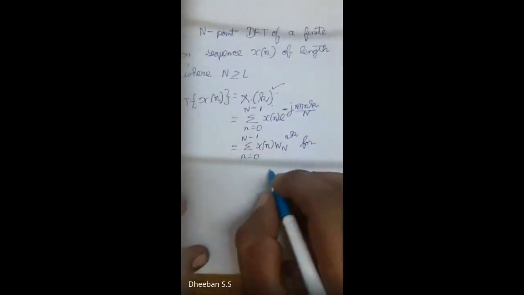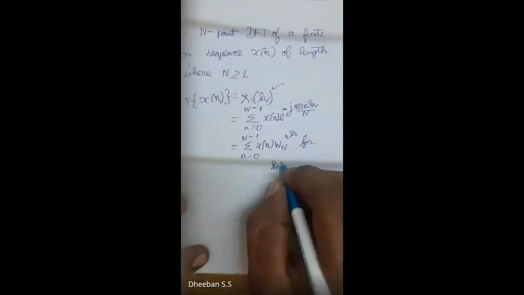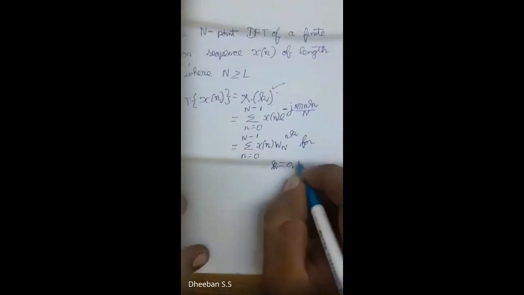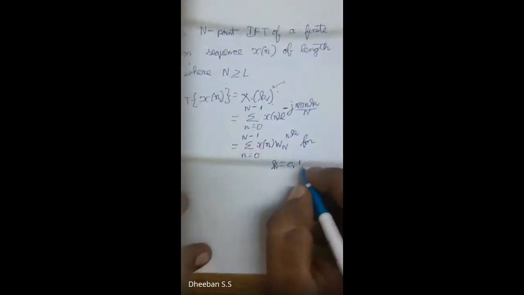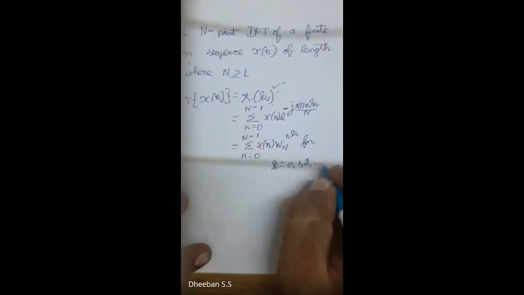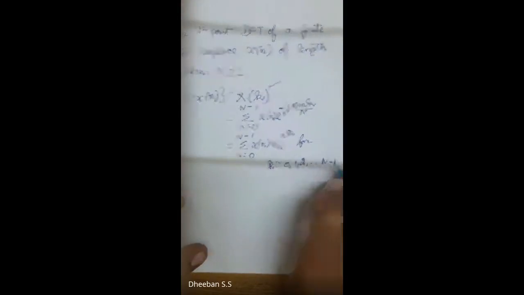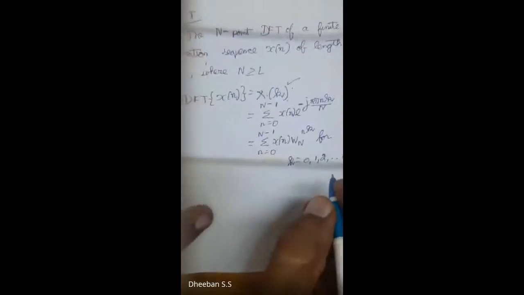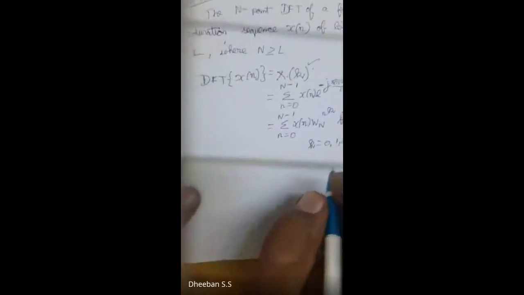For computation during problems, you can make use of this W N, and this W N is called the twiddle factor. Here this k value goes up to N minus 1. Now we'll be getting into the inverse of this DFT.